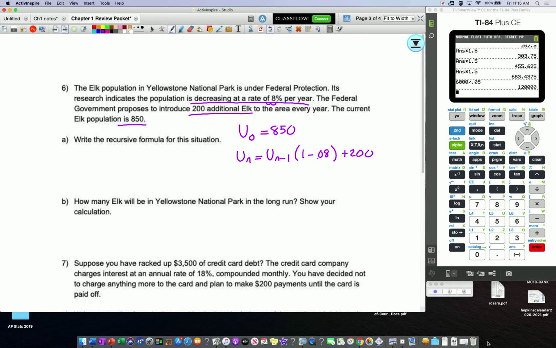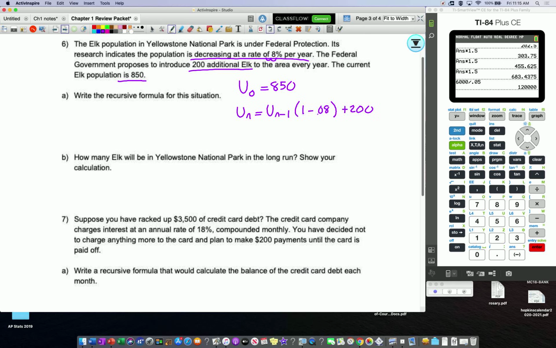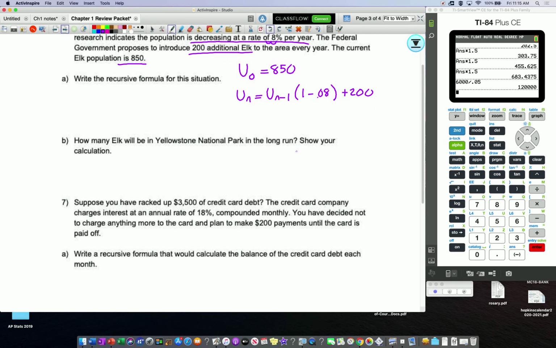So I got my recursive definition. So then in B, it's just asking again for that long run value. So if you remember that formula on the previous page, we take the adding amount, 200, divided by the percentage that is decreasing by. We're trying to figure out that balance point. 200 divided by 8%. So 8% of what number is 200?